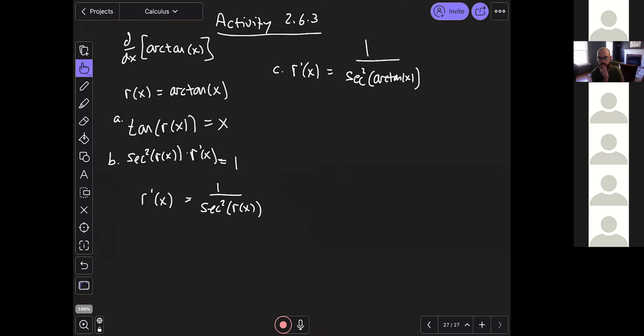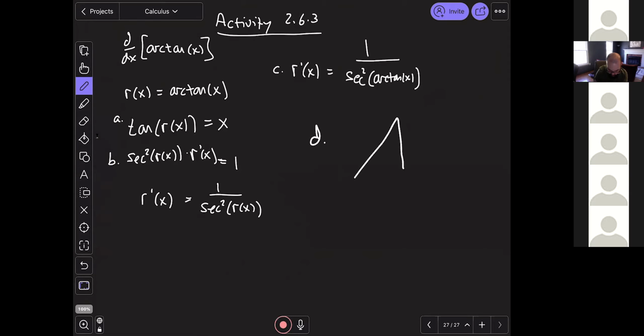So up to this point, I think we're probably okay, but then when we get to part D, this is typically the harder piece here. Okay, so what I want everybody to do is start to think about this. I want you to introduce your right triangle, and remember that arctangent is an angle.